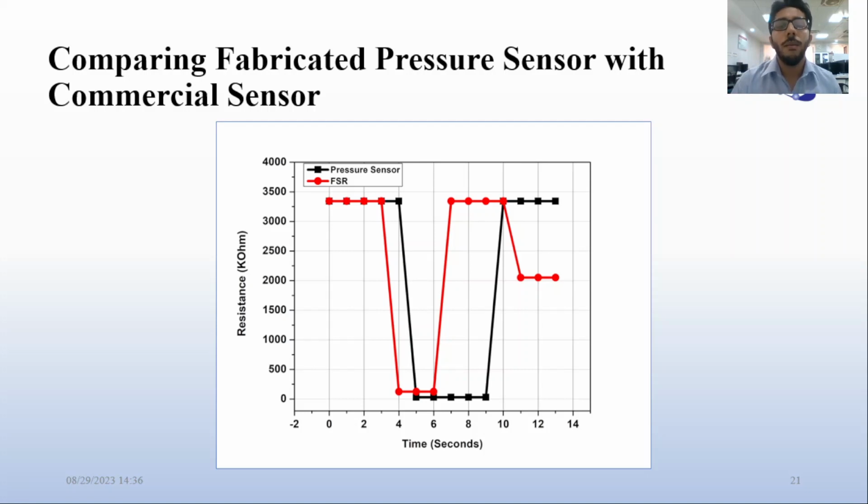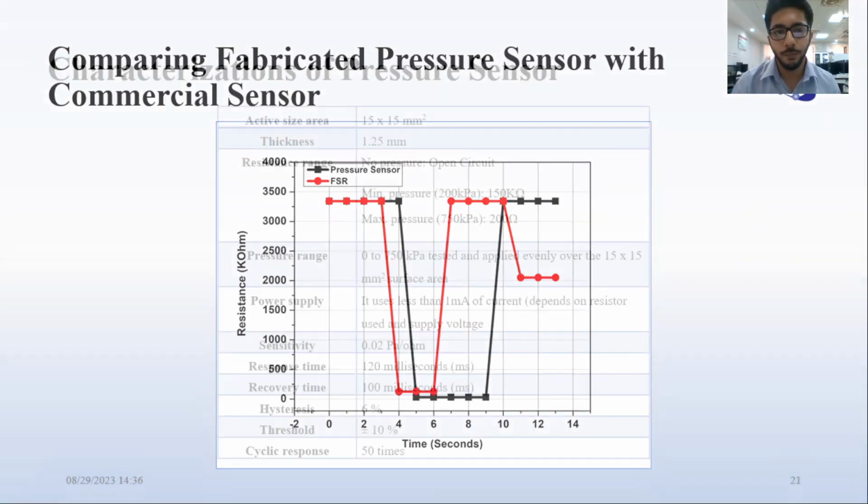But if we compare more, we can say that the FSR is highly sensitive and its resistance is hard to control. So our sensor's behavior is such that we can control it, and we can somehow easily measure its response. So this is the comparison, which is almost similar.